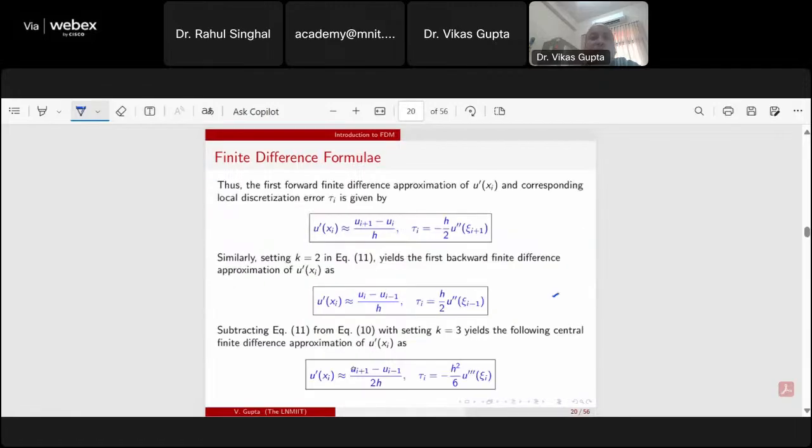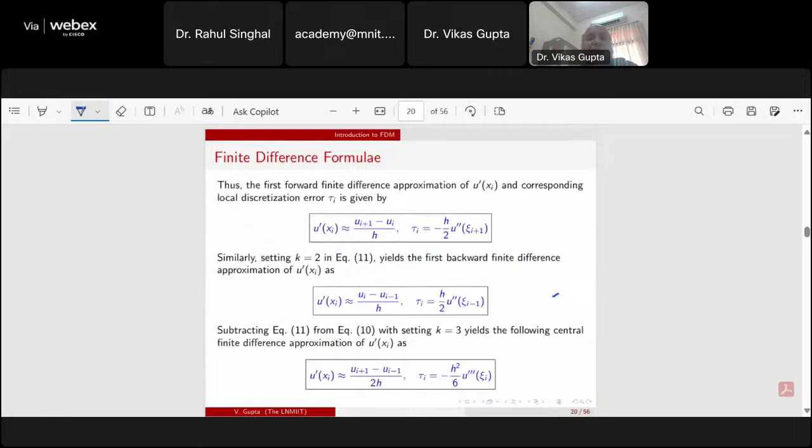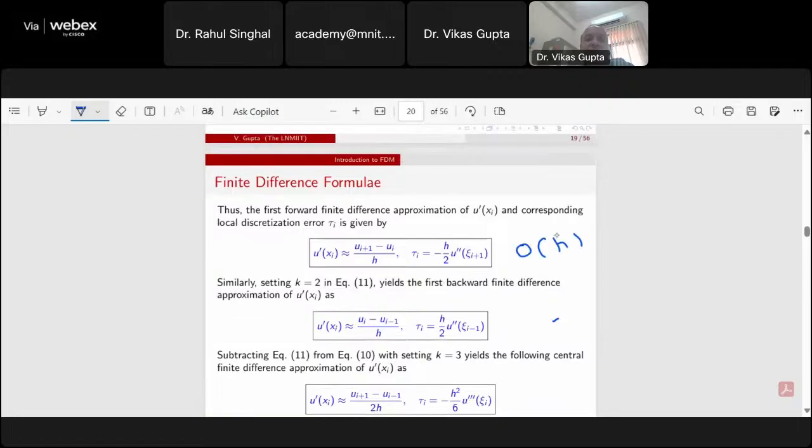This formula is known as the forward finite difference approximation of u prime (xi), and the term minus h by 2 u double prime (zeta(i+1)) is the error. This term is known as the error in the approximation, and it is defined as the local discretization error tau i. One can notice that this approximation is accurate of order h, because the truncation error term is of order h.